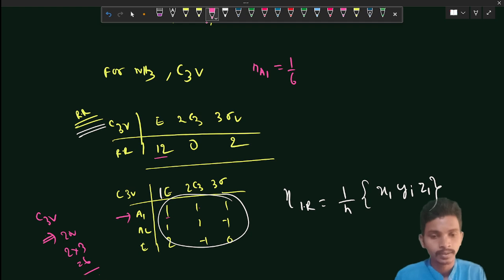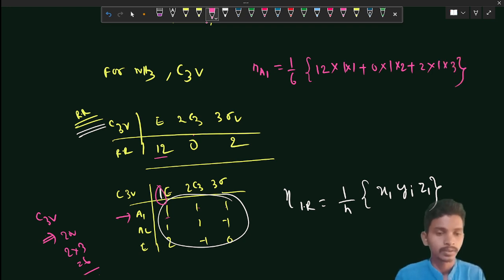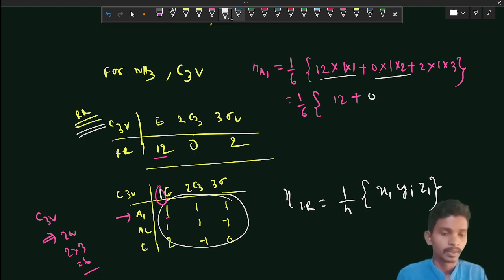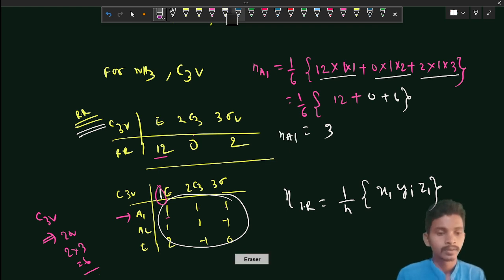Then Xi is 12 into Yi, which is 1, with coefficient 1, plus 0 into 1 with coefficient 2, plus 2 into 1 with coefficient 3. Adding it, that is 1 upon 6 times (12 + 0 + 6), which is 18 over 6, so nA1 is 3.